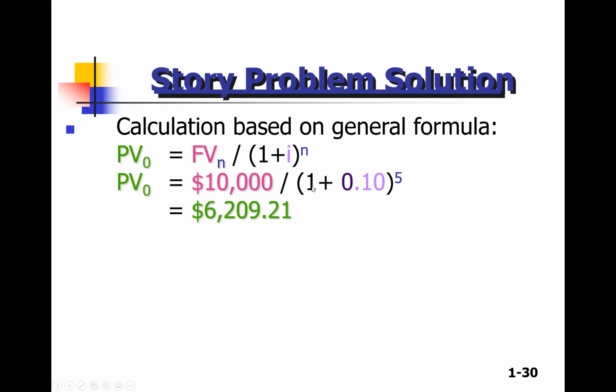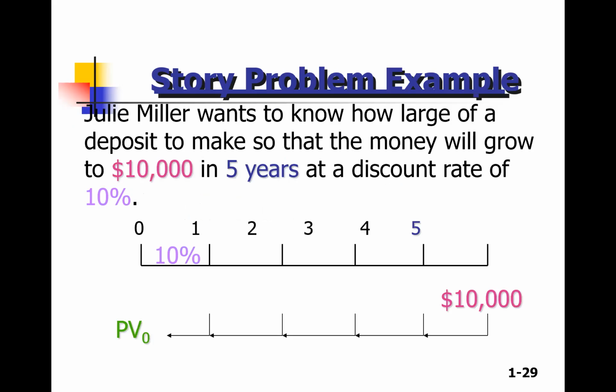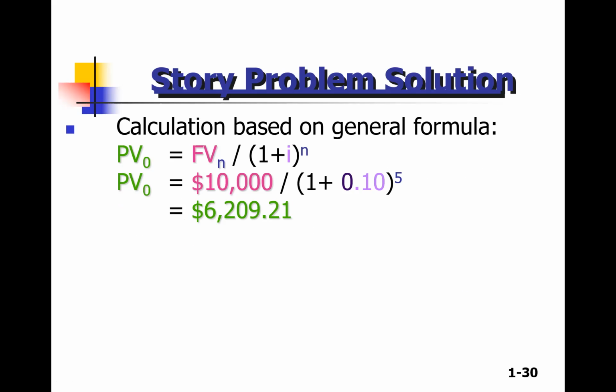So we will divide 10,000 by this interest factor. The amount is 6,209. So she wants to deposit 6,209 today, so that she will get 10,000 after 5 years if the bank pays her 10% interest rate.